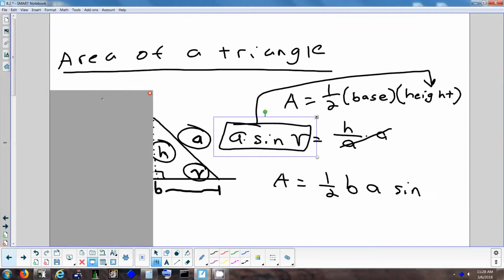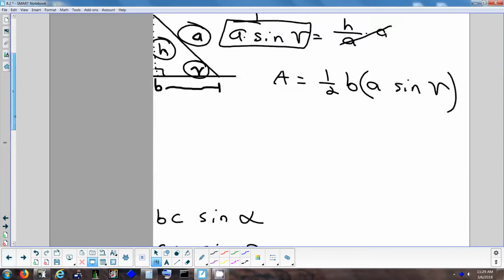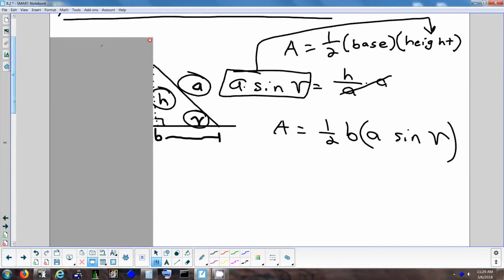So that's 1/2 the base times the calculation for the height. The only thing they normally do with that is they put it in alphabetical order. Doesn't really matter, but that's just how they write it.